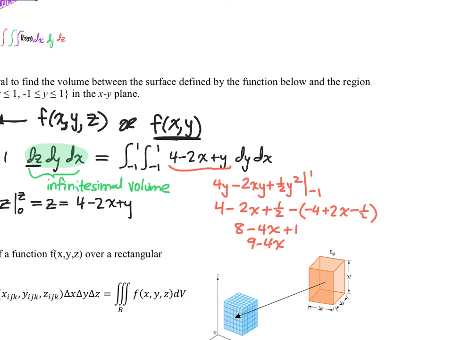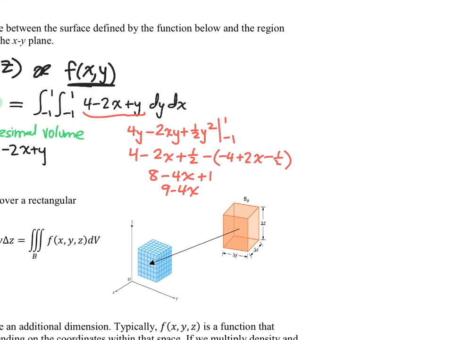And so then it just becomes an ordinary integral on the interval of -1 to 1, which you could pop in your calculator if you want. Nah, might as well. Undo.